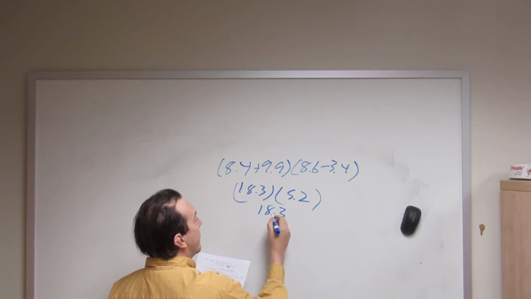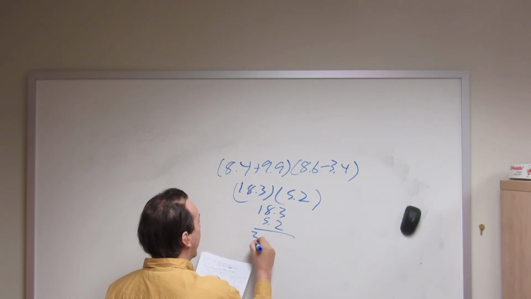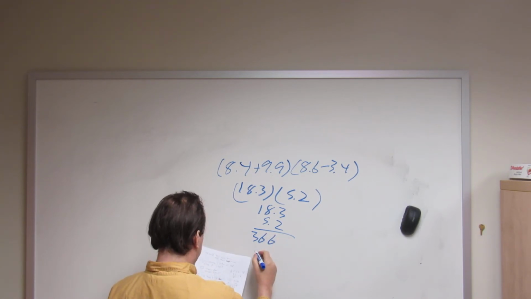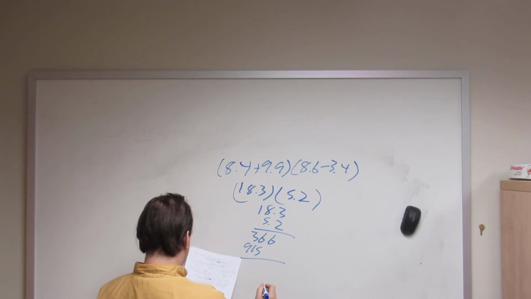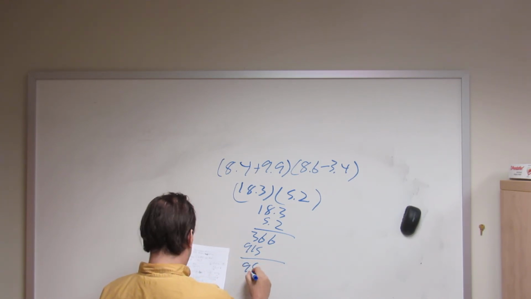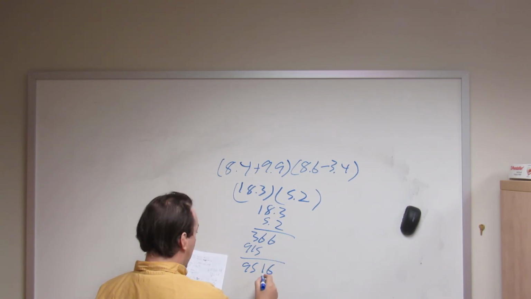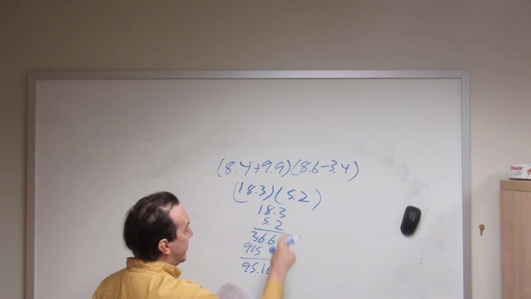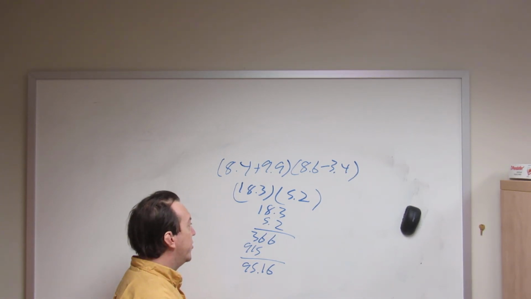Say 18.3 times 5.2. We're going to get 366, 915. Add these. 95, 16. And we have 2 numbers past the decimal, so we bring the decimal over 2 spots.